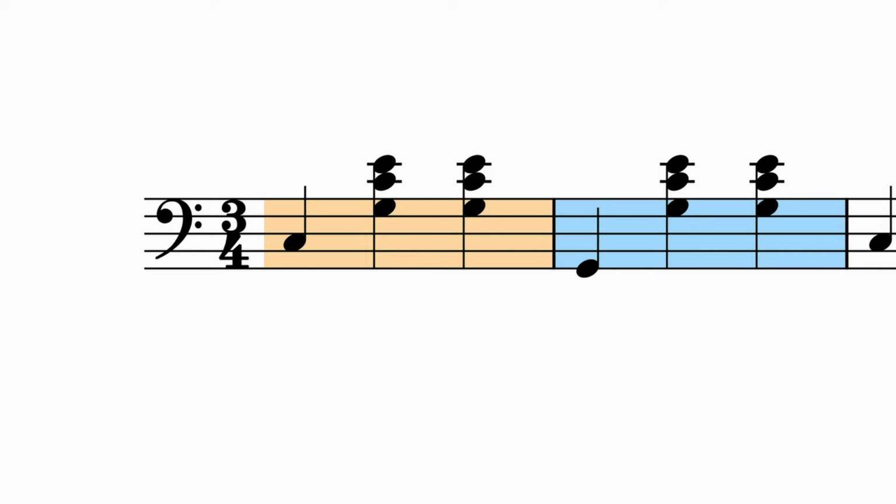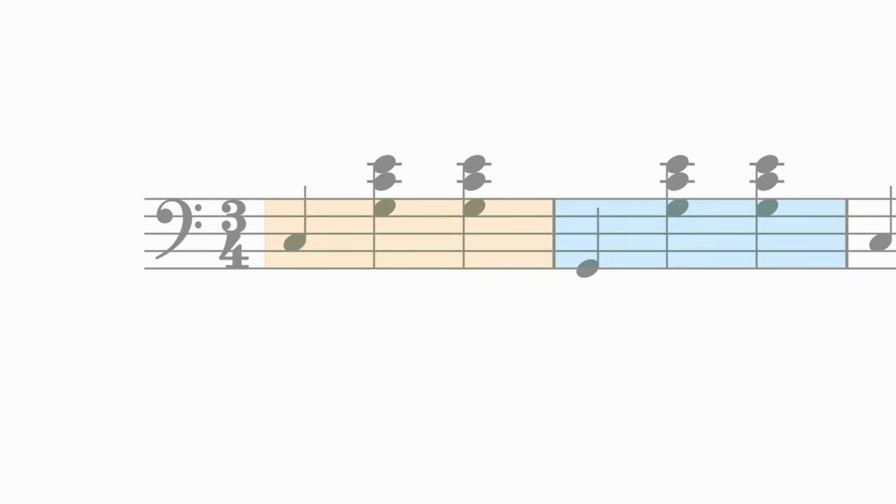The most common time signature, which is used for the vast majority of popular music, is 4/4, meaning each bar has 4 beats, and each beat is a quarter note. In fact, 4/4 is so common that it is often replaced by the C symbol, which stands for common time.